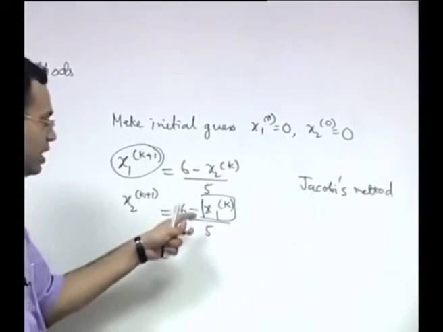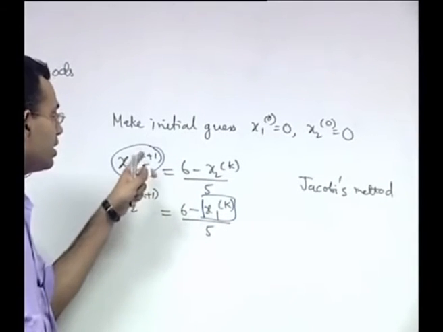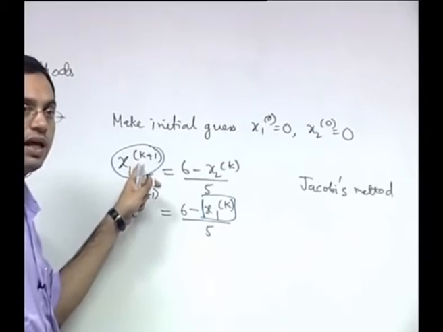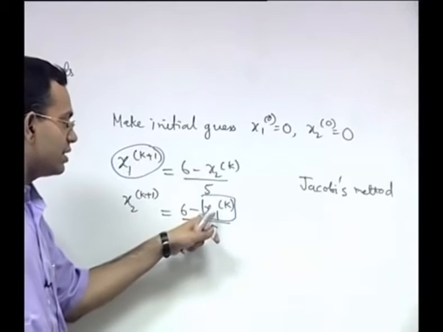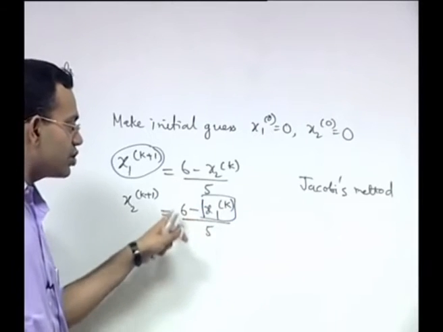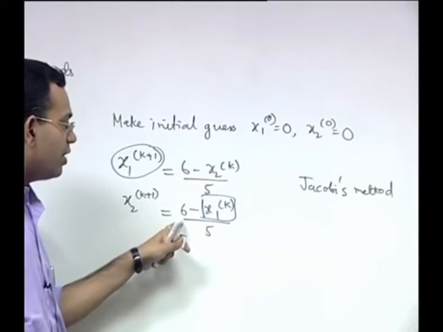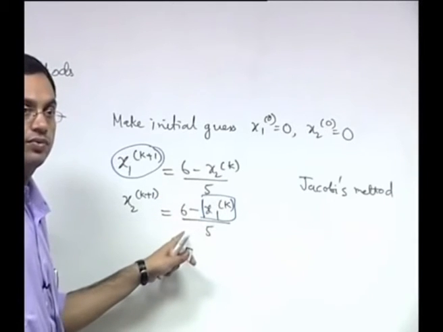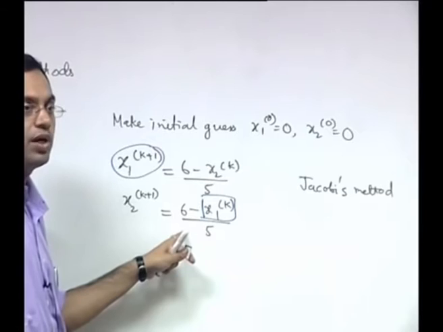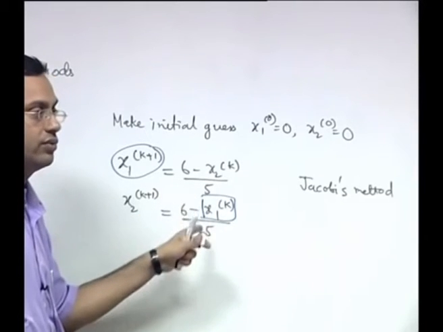You have the opportunity of using that updated x1 which has been calculated just in the previous step. So if you do that, your solution has the information of the more updated iterated value than what was possible if you had used an older value.